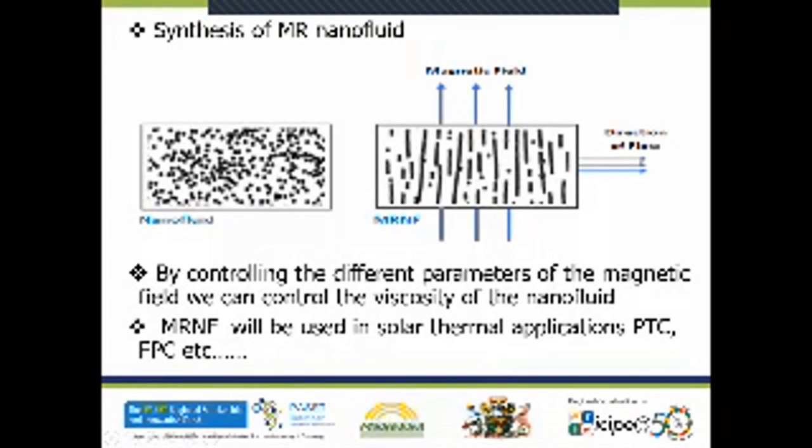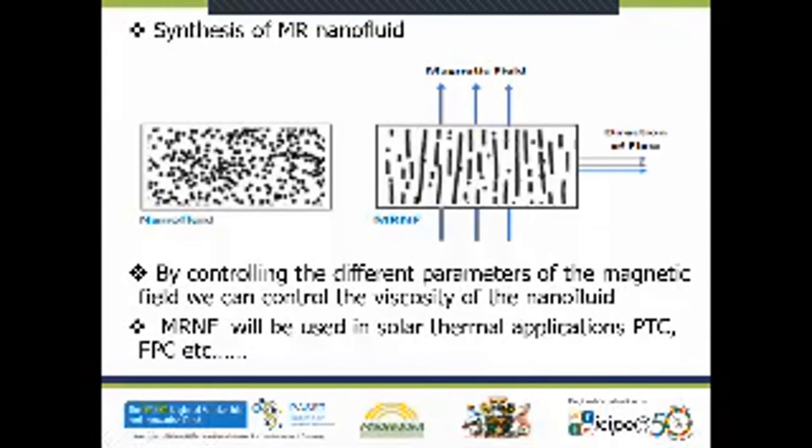As you see here, when you expose this, there is some chain formation. That means this will normally increase the viscosity, but by changing the direction, changing the value, the strength of the magnetic field, we can also change the viscosity.